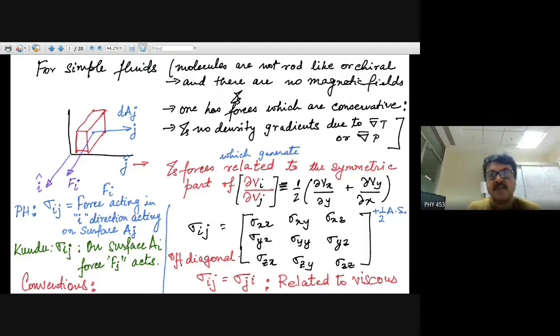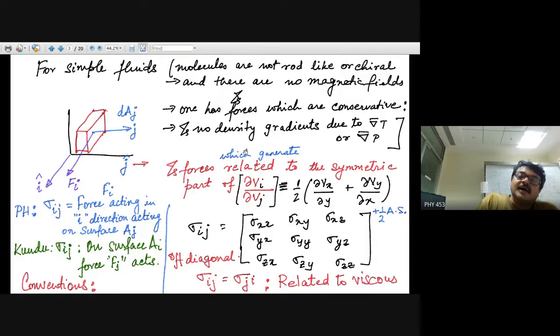Suppose one has forces which are conservative, and there are no density gradients due to, suppose, changes in temperature; the entire fluid is at uniform temperature or pressure.